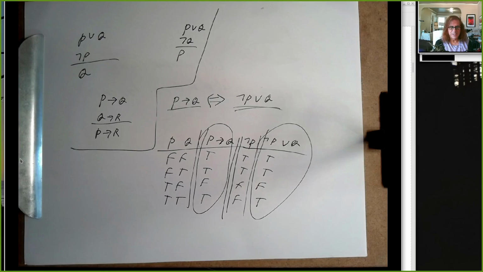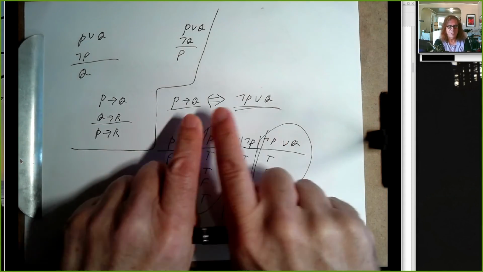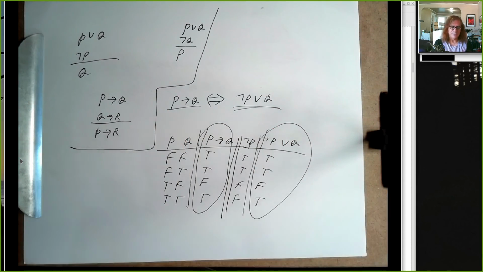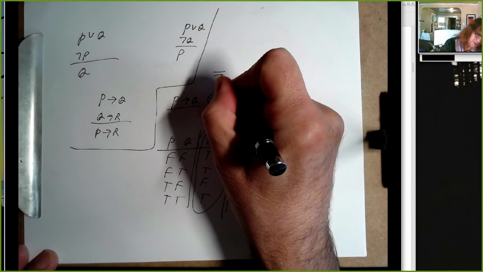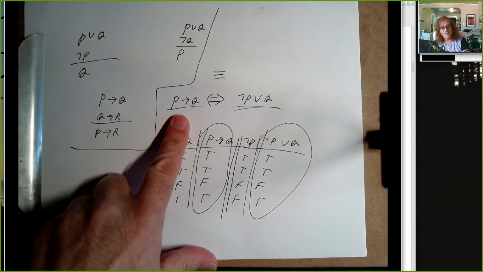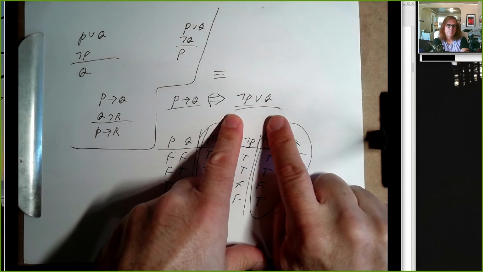And this is not an implication, this is an equivalence. This implies that, and that implies this. So they have to have exactly the same truth values, right? We've also written this as an equivalence sign. But this means that if we have an if-then statement like this, we can replace it with a disjunction.